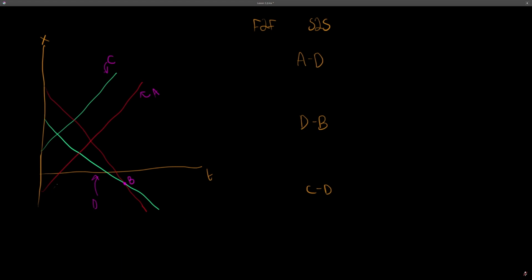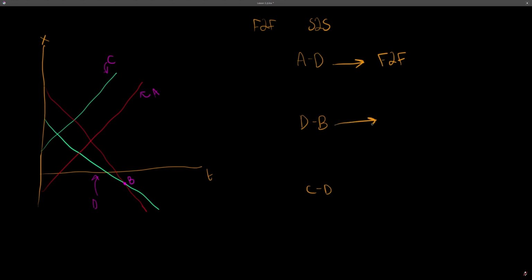So we can see here that line A is going that way and line D is going this way. So you can clearly tell that it's crossing each other, meaning that they're going to go in opposite directions. So A to D would be face to face. A and D would be face to face.